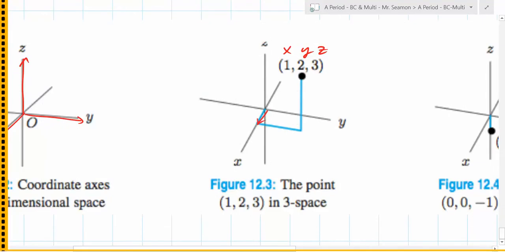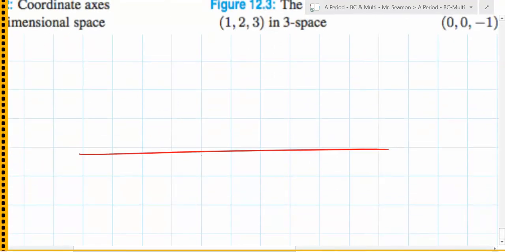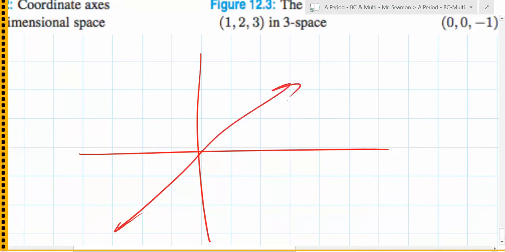You go forward 1, you go to the right 2, and then you go up 3. When you draw these axes, I highly recommend avoiding 45 degrees. Why? If I draw these at exactly 45 degrees, it loses some of its perspective and it's harder to see.